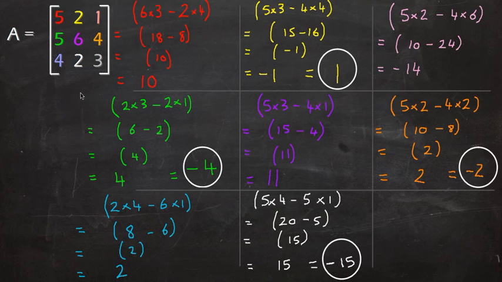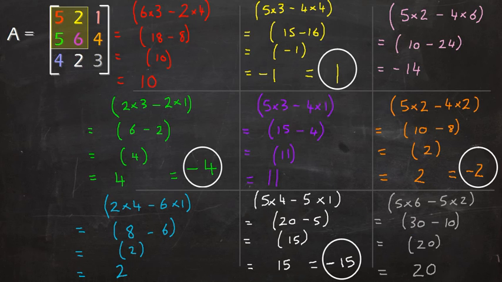And finally we take this element, third row third column, which is a 3. We ignore the column, ignore the row and multiply everything else. It's going to be 5 times 6 take away 5 times 2, which is 30 take away 10, which is just 20.